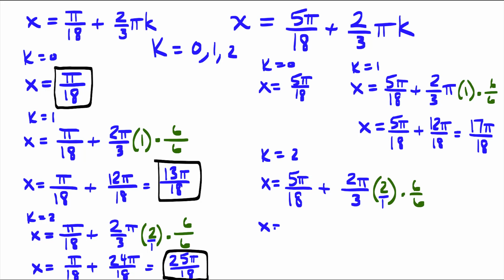And finally here it is. 5 pi over 18 plus, you know what's going to happen here? I bet you it's going to be 24 pi over 18. Boom, and I got myself my 29 pi over 18 as we add the numerators together.